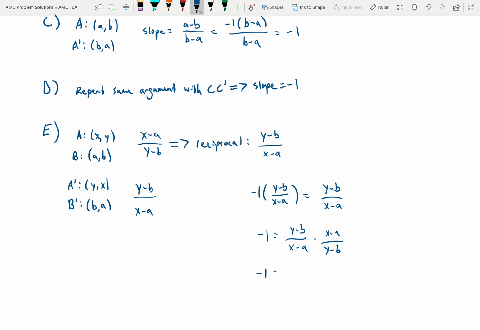So we get that -1 equals 1. That's a contradiction. So we know that that is not always going to be true. So that is why E is our answer. The slope of A prime B prime does not equal the opposite reciprocal of the slope of AB. So the answer is going to be E.